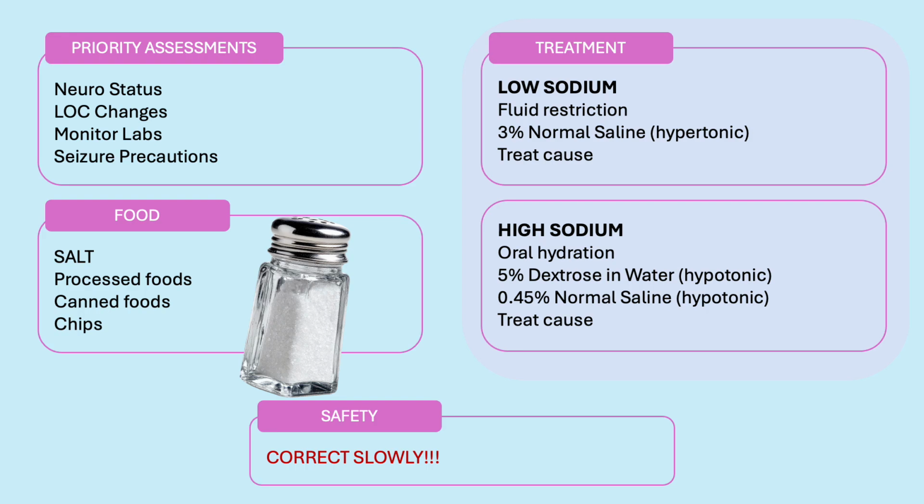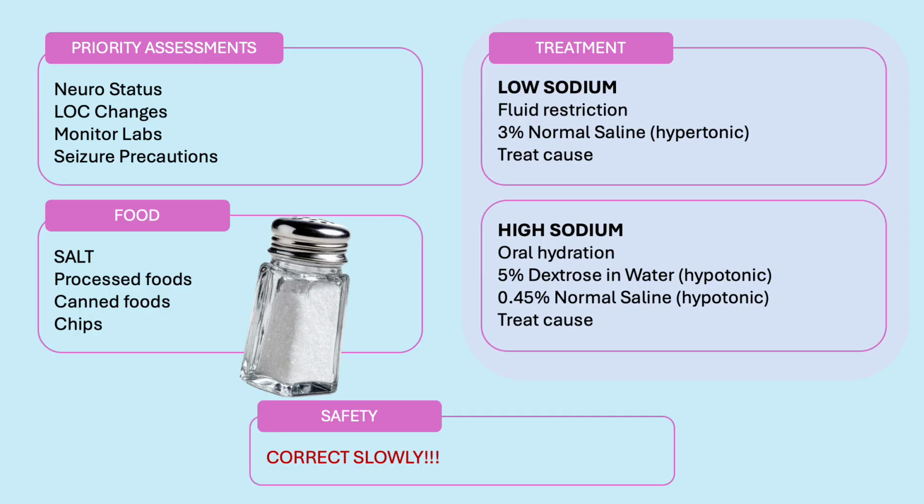You should be watching for changes in the patient's level of consciousness, if there's any acute changes of confusion or even seizure activity, and creating some seizure precautions to keep that patient safe, like oxygen and suction at the bedside, bed in the lowest position, and even some pads along the patient's railings. For treatment, there are different treatments whether you're having low sodium in the patient or high sodium.